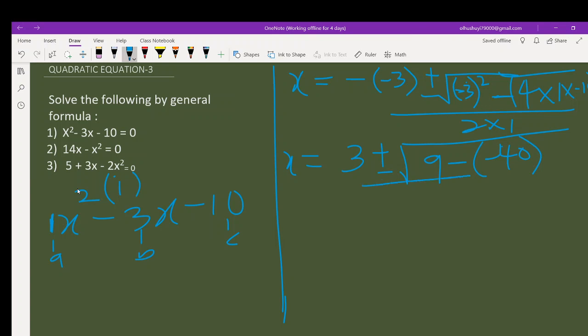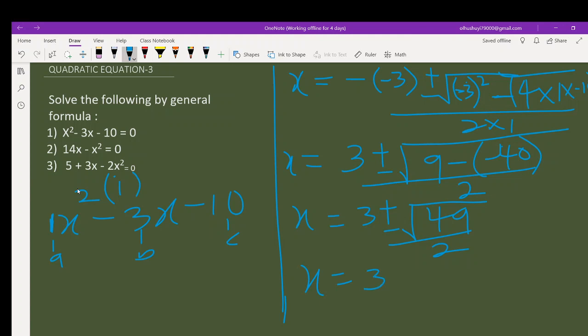You see that? Divided by 2. So that is 3 plus or minus the square root of 9 plus 40, which becomes 49, divided by 2.